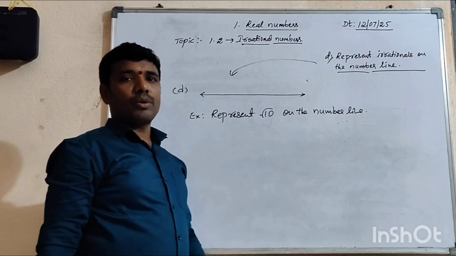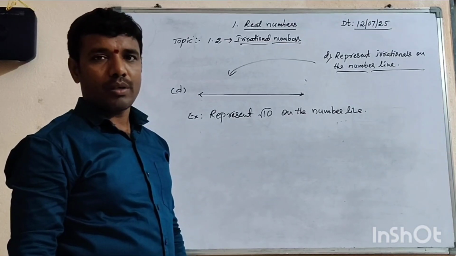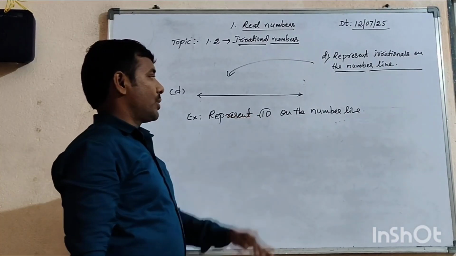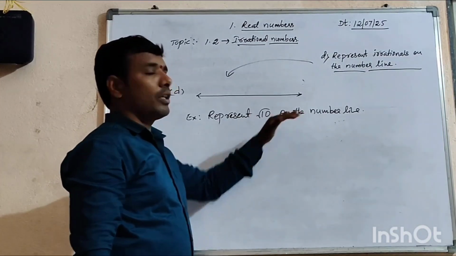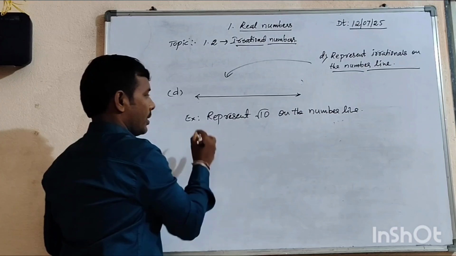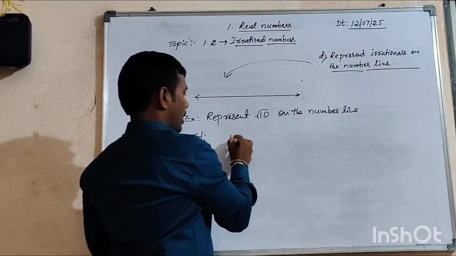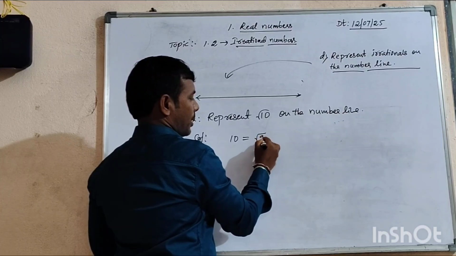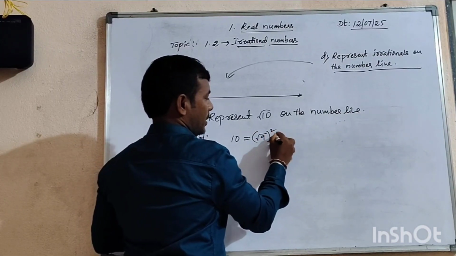Just now we discussed how to represent root 2 on the number line. Same as that, there is one more question: represent root 10 on the number line. So observe carefully. Now 10 can be written as square root of 9 whole square plus 1 square.